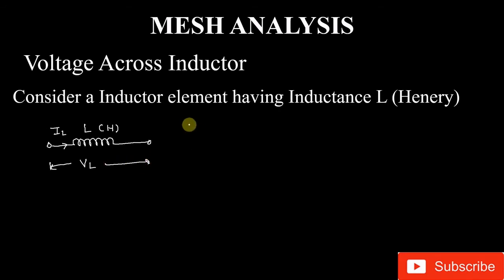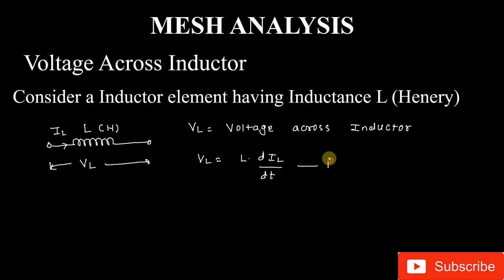What is our aim? We have to find VL, the voltage across the inductor. That can be found by the formula VL equals L multiplied by dIL upon dt.